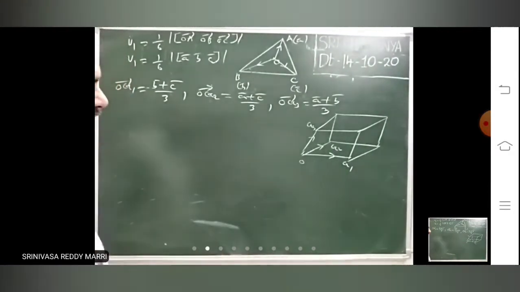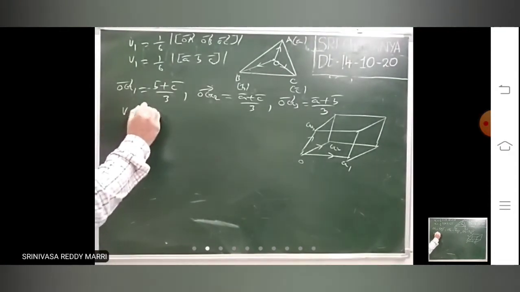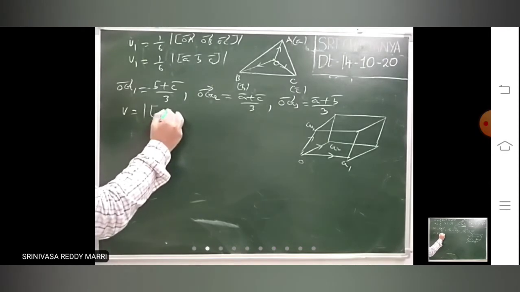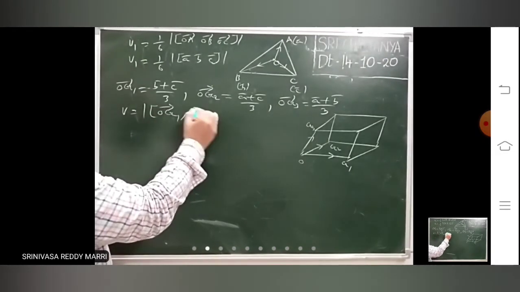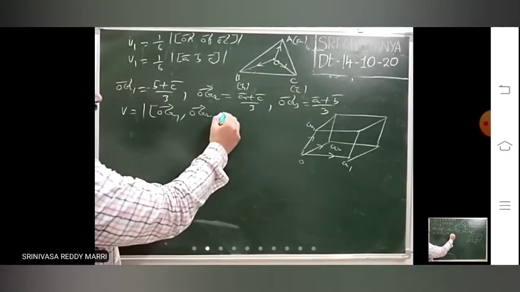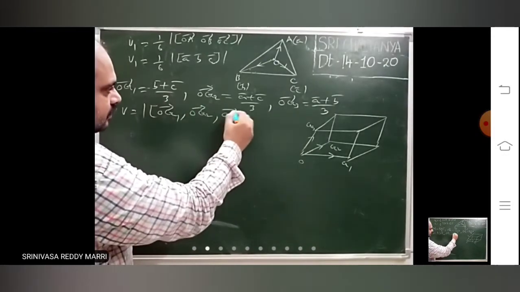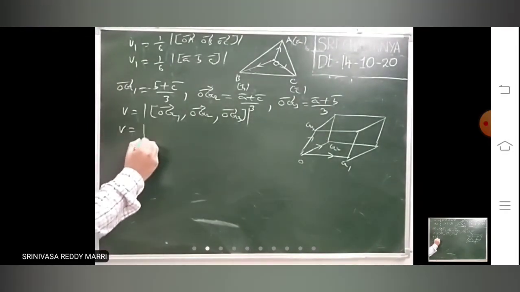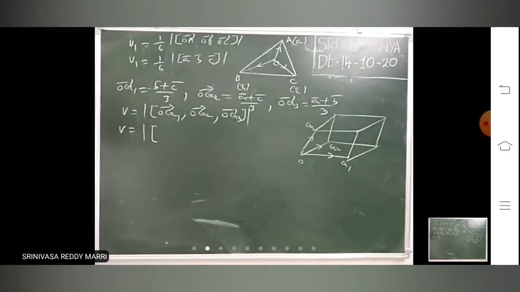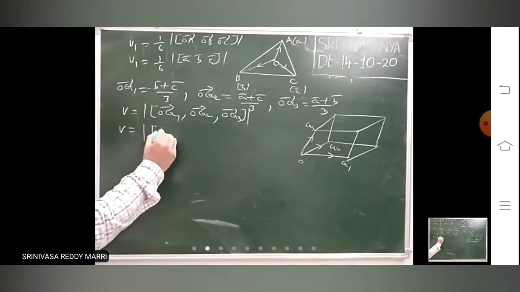So that means volume of parallelepiped is what? Modulus box of coterminous edges. So therefore volume equals to box of, substitute this vector.